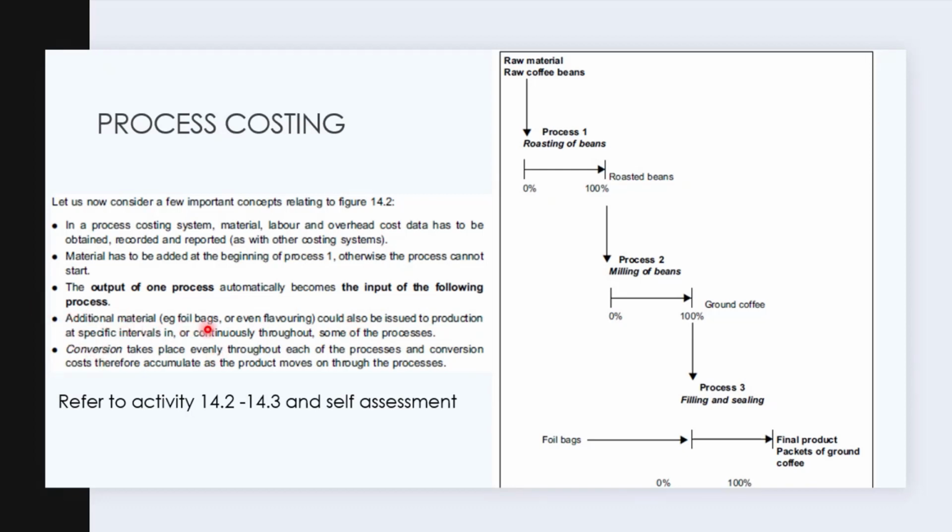Additional material, your foils, your flavoring, could be issued to production at specific intervals. You see, it just came up in process 3, and then they form part of the process. Conversion takes place evenly through all the processes that are involved in this chain.